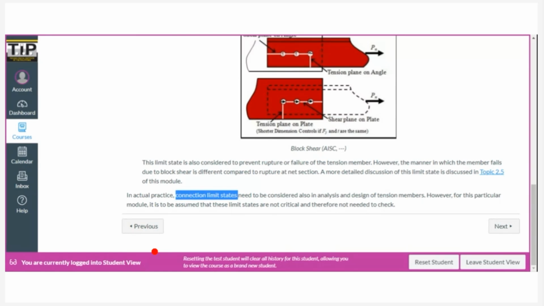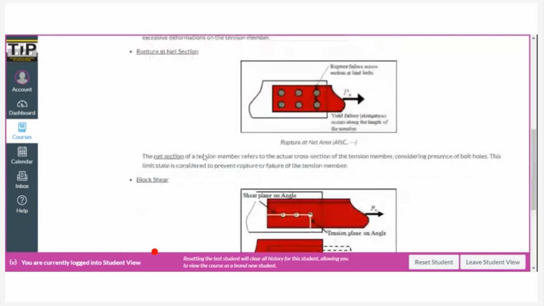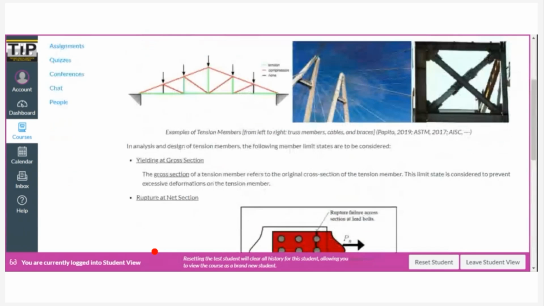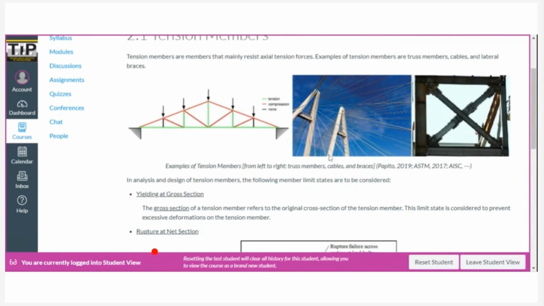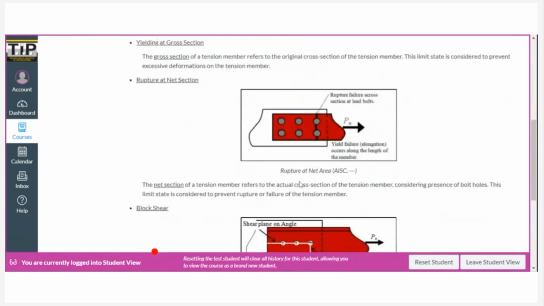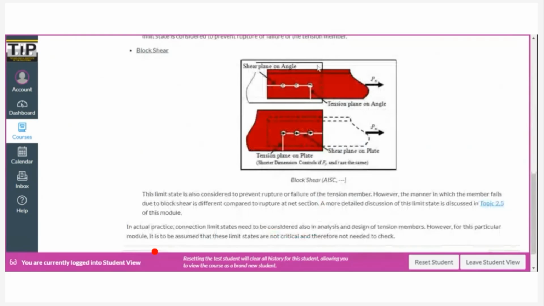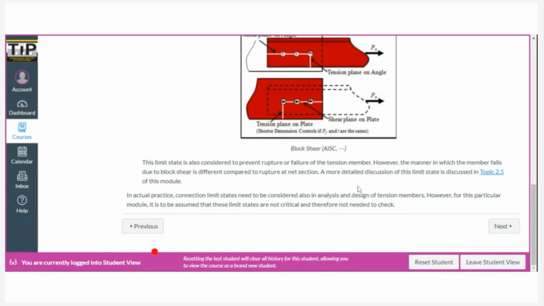So there you go. So we discussed what are tension members, some examples, where do we see them, and what are the limit states that we consider in analysis and design of tension members. Okay. So let me go to the next page.